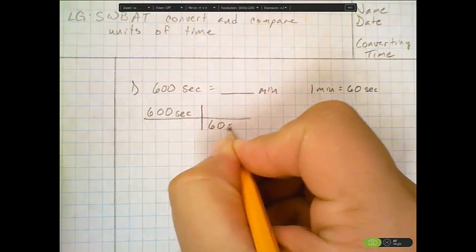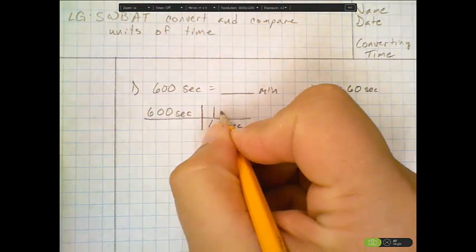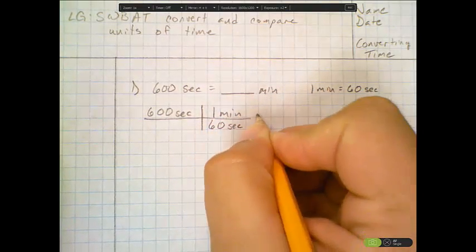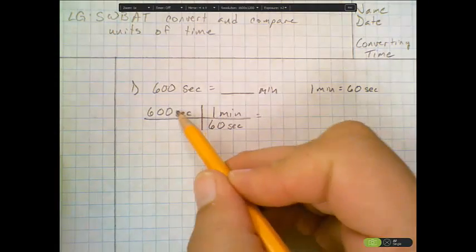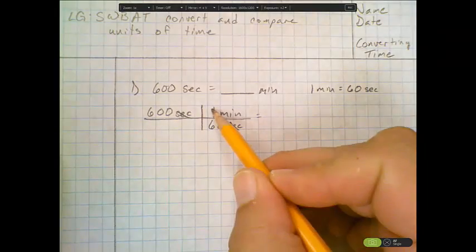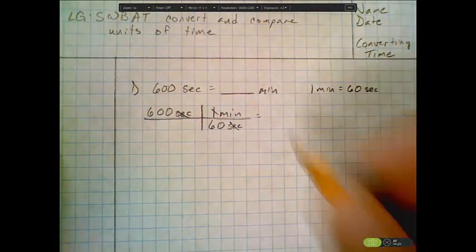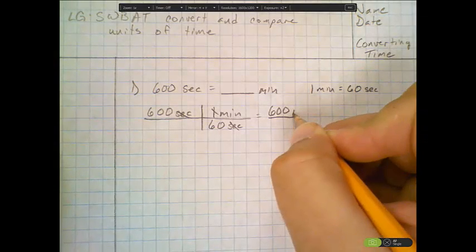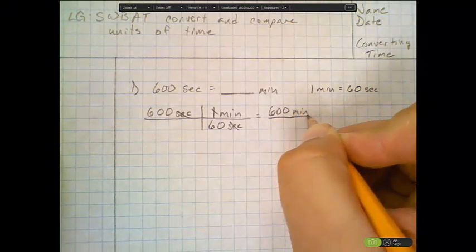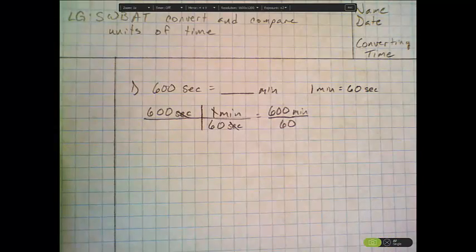So we put 60 seconds on the bottom and 1 minute on the top. Then we cancel units, seconds cancel seconds, and we get rid of the ones. And so we get 600 minutes over 60.